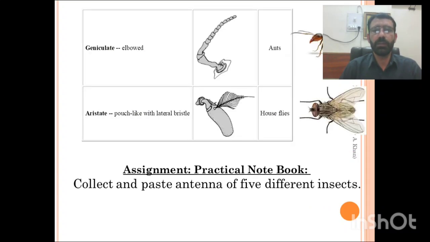Then the elbow-like structure of antenna is present in ants, and that is the geniculate antenna. For houseflies, the antenna is straight. Here, the antenna contains a pouch-like structure and a big lateral bristle, or brush, on the flagellum.